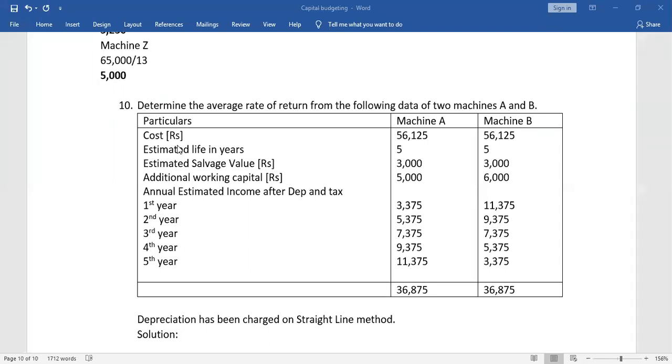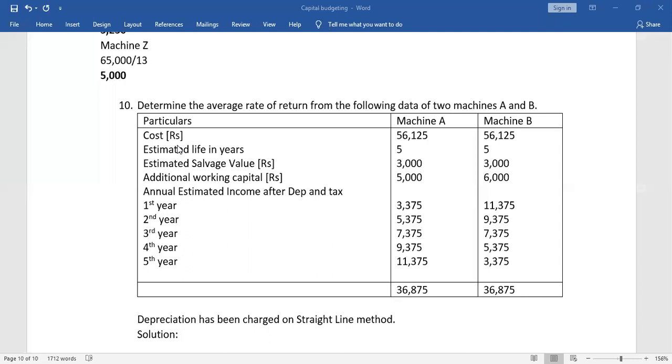So we are doing the chapter capital budgeting. Capital budgeting is a decision making technique which helps a company to take an investment decision, and we are doing the second method, average rate of return, which is also referred to as accounting rate of return.